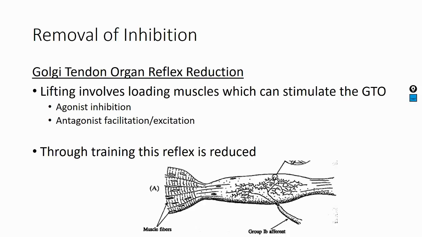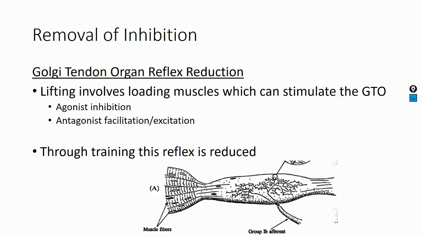It's the main mover trying to move my forearm up, which has a weight in the hand, of course, and I'm going to try to bring it up toward my shoulder. So you'll have inhibition of the agonist, and also you'll have facilitation and or excitation of antagonists.